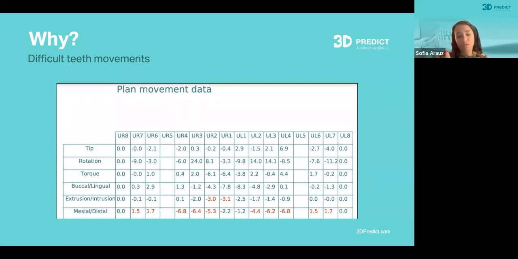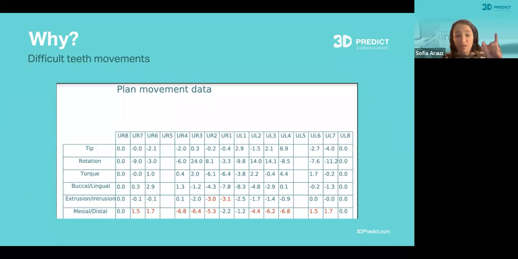So this is not a guessing game for you. We're always going to be very straightforward with you, and we're going to give you all the information that you need. How do you know a movement is difficult? We are going to let you know. If you submit a treaty plan, our technician is first going to leave you a comment saying this amount of distalization, or this amount of rotation of this lateral incisor or this canine, is outside of predictability limits.